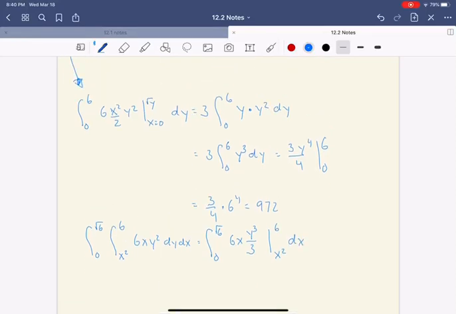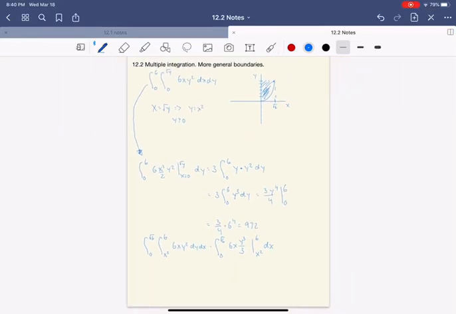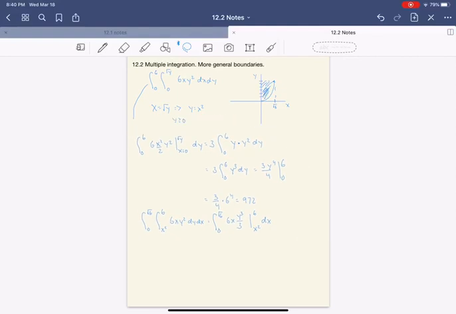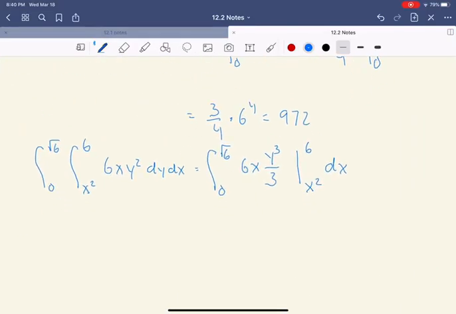Okay, so the 6 and the 3 cancel. So we're going to get 2, the integral from 0 to square root of 6.